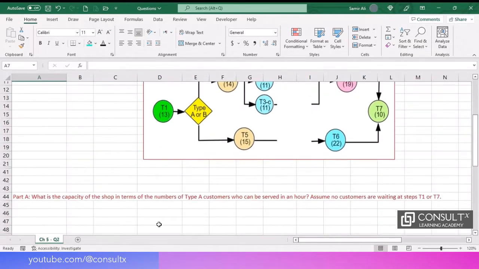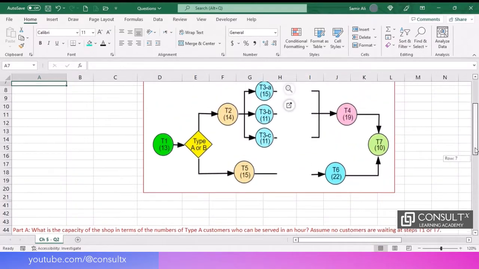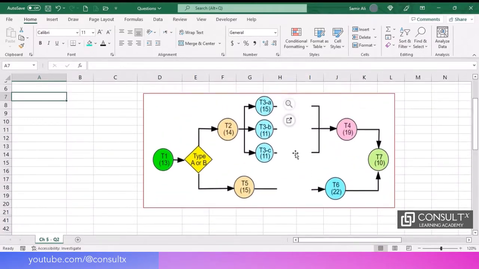So our first question is, what is the capacity of the shop in terms of the number of type A customers who can be served in an hour? Assume no customers are waiting at steps T1 or T7. So let's go back and look at our process flow for type A customers, which is the flow at the top, and let's see which step has the highest number of minutes.